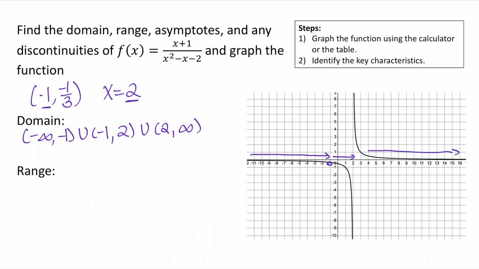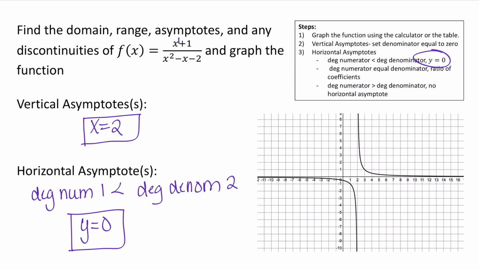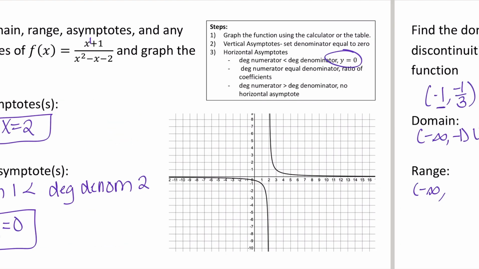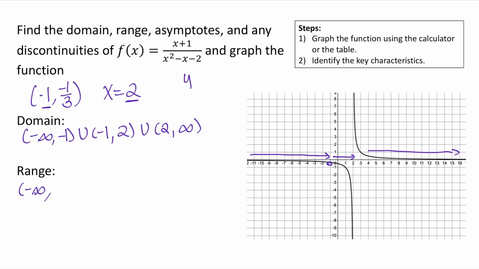Now let's talk range. It's going to start off at -infinity, and then it's going to go to, let's see, we have our asymptote at y equals 0. And we also have the y coordinate of the hole. The y coordinate of the hole is smaller, so we're going to say -1/3. And then it's going to go from -1/3 to 0. So it's going to go up to the hole, and then from the hole up to 0.